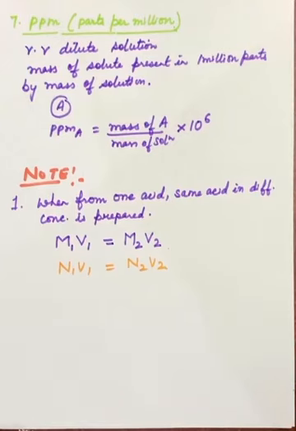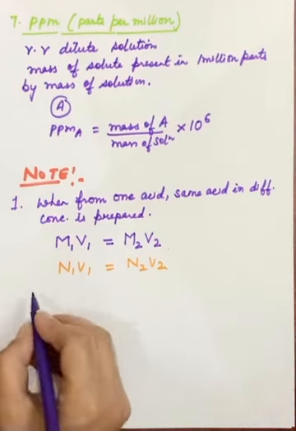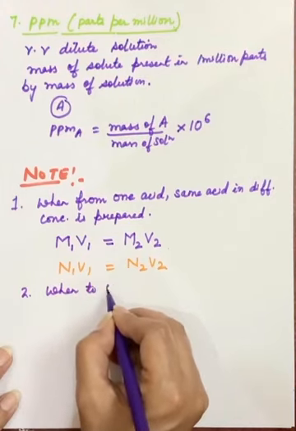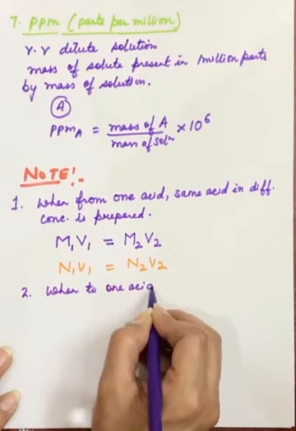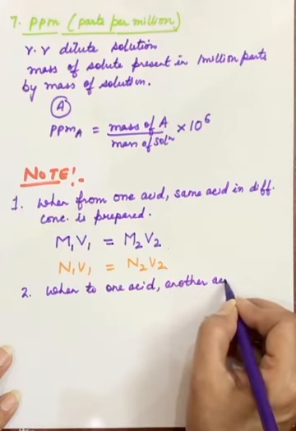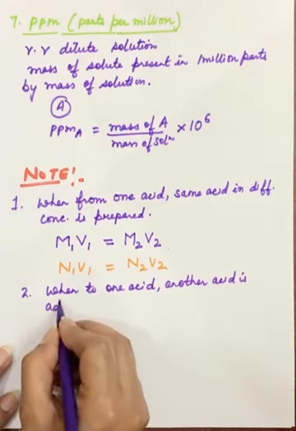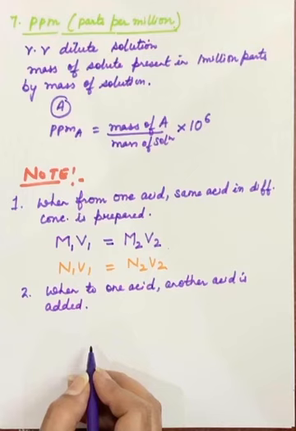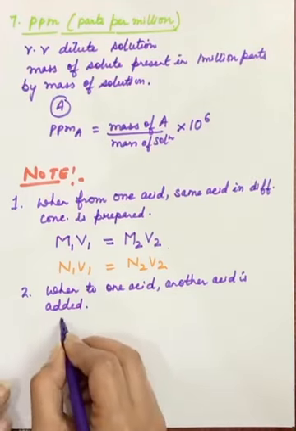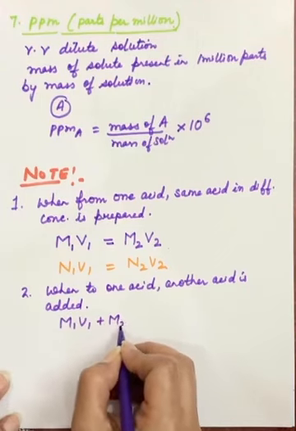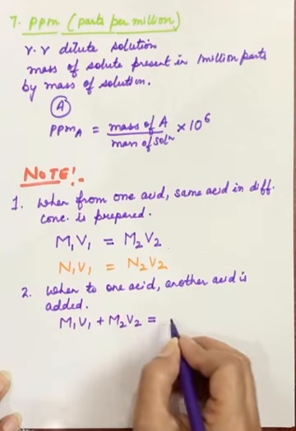use this equation. Now the second point here is, if to one acid another acid is added, or to one base another base is added, then when we mix the two, after mixing, what will be the molarity or normality of the mixture, the resultant solution? For this we will use this formula. We cannot use the previous formula now because the two will react and the molarity will change here.